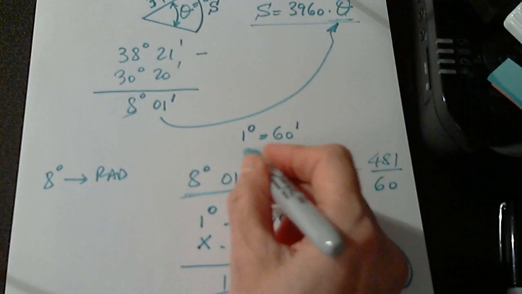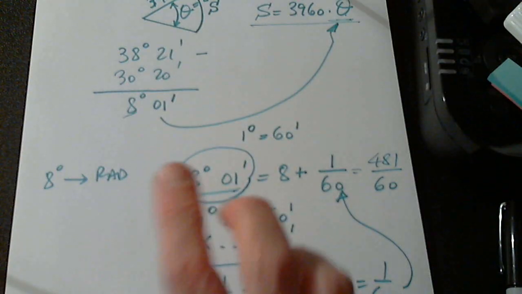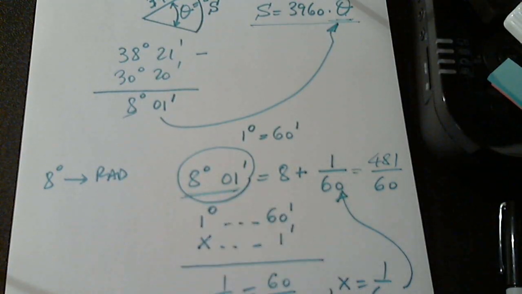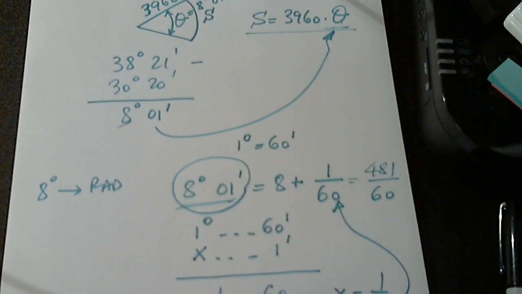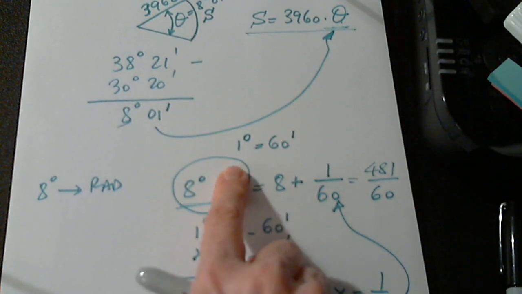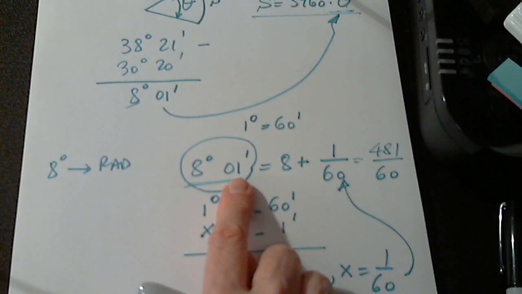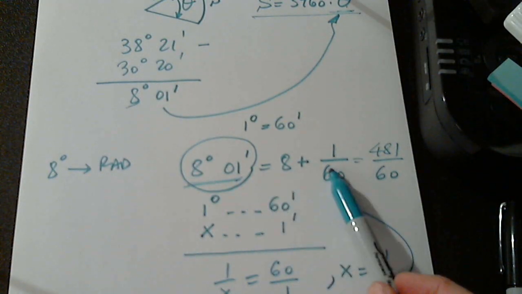So first I needed to calculate how many degrees is 8 degrees and 1 minute, because I can't have 2 measurement units. And I have to change degrees into radians. I showed you this because this is too easy for 1, right?